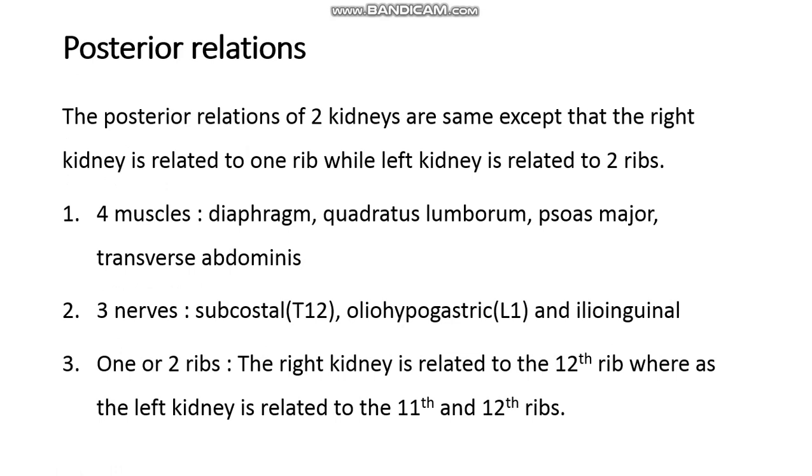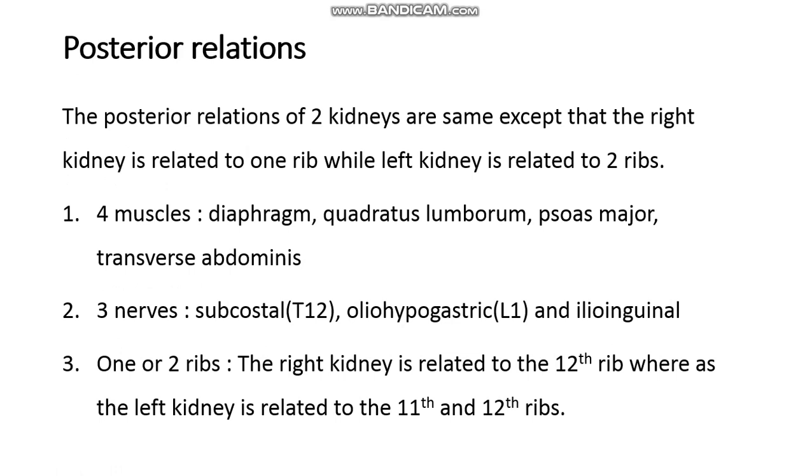Then the posterior relations. The posterior surface of the kidney is related to the following. The posterior relations of both kidneys, left and right, are the same, except that the right kidney is related to one rib while the left kidney is related to two ribs. That is the difference, but all the other relations are the same for both kidneys. First, four muscles.